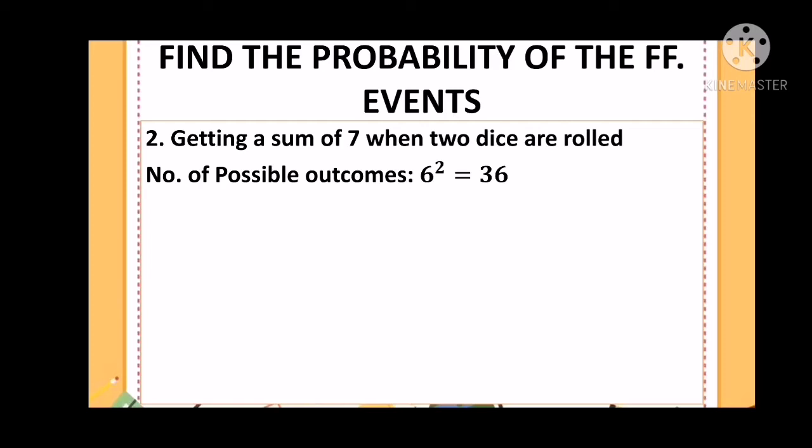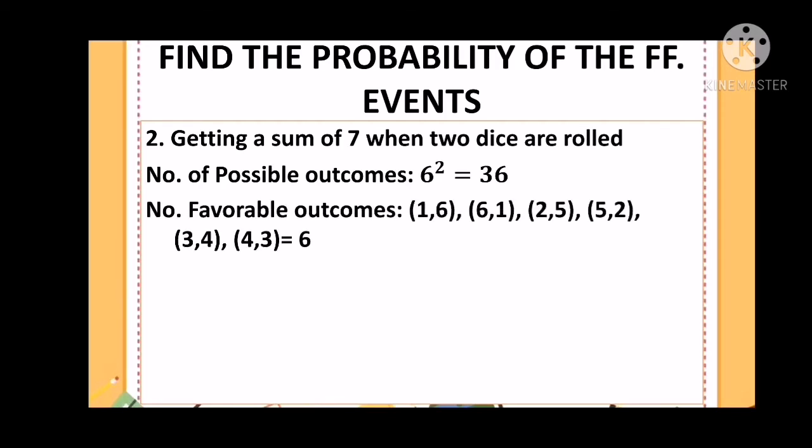To get all the possible outcomes, 6 squared or 6 times 6 is equal to 36. And then for the number of favorable outcomes, just list down all the conditions. Ano ba yung condition niya? Sum of 7. Na kapag in-add mo daw yung mga number, ang sagot ay 7. Ito yung mga sumusunod: 1 and 6, 6 and 1, 2 and 5, 5 and 2, 3 and 4, 4 and 3. So ang total ay 6.